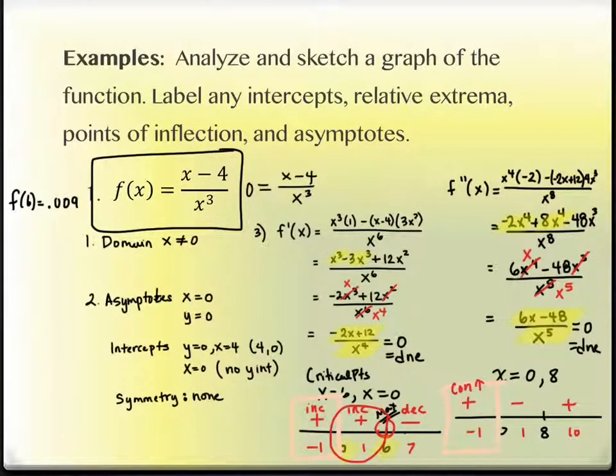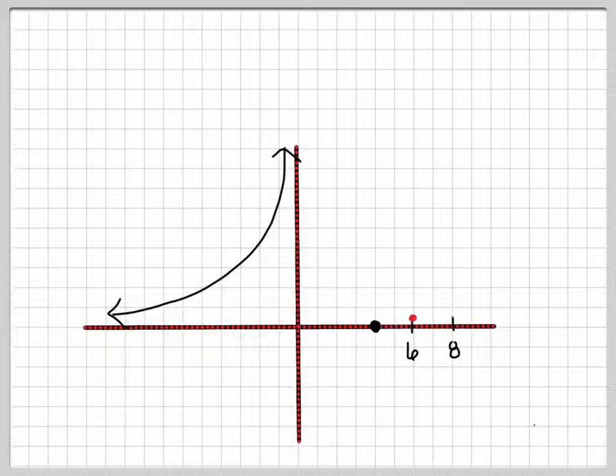And I have to cross the x-axis at 4, and I have to have a peak at 6, 0.009. So the only way to connect those dots would be that my graph does something like this, right? That's what it says I have to do.